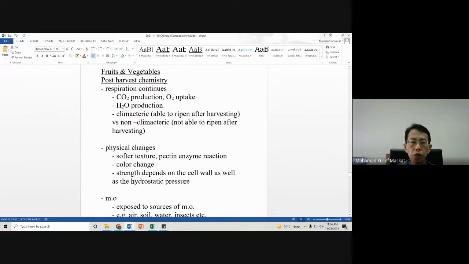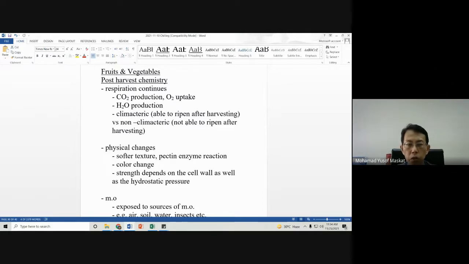Most fruits and vegetables will continue to respire, to undergo respiration, even after they have been separated from the parent plants. We have plucked them out, but they are still undergoing respiration.